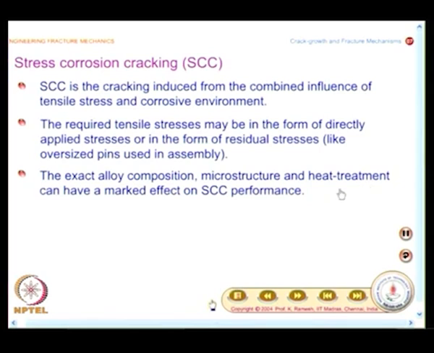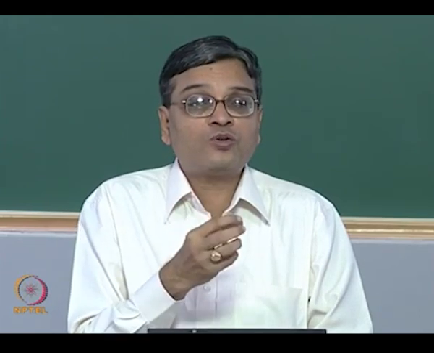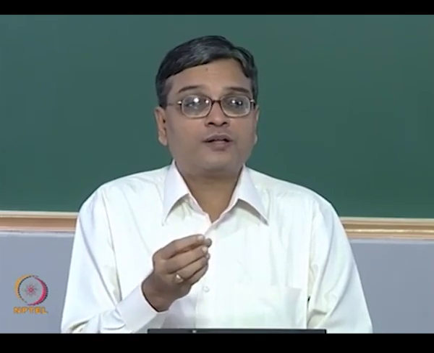By such methodologies, you may be able to find a way out, minimizing the crack growth due to SCC. In fact, one of the examples which you would see later would bring out what kind of steels you should choose for a given application. So, definitely the microstructure, heat treatment and alloy composition do play a role.